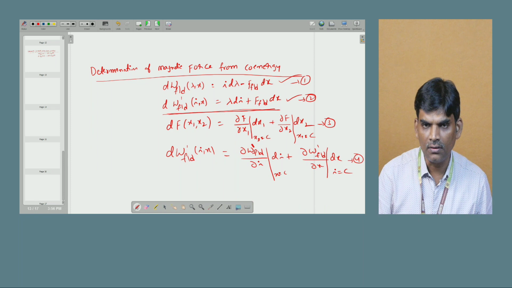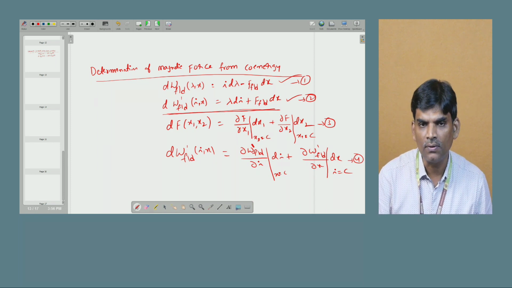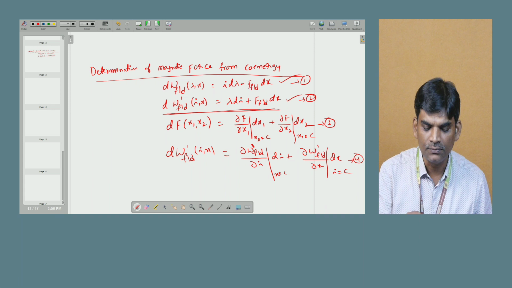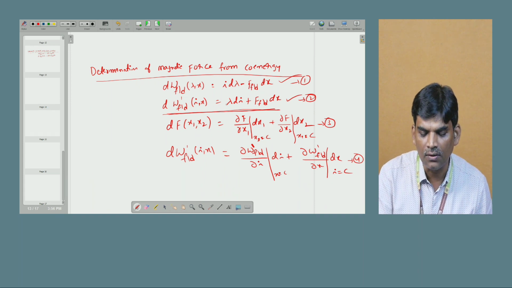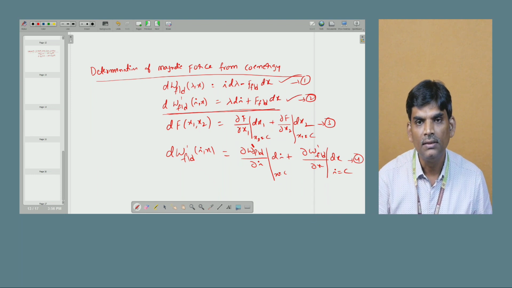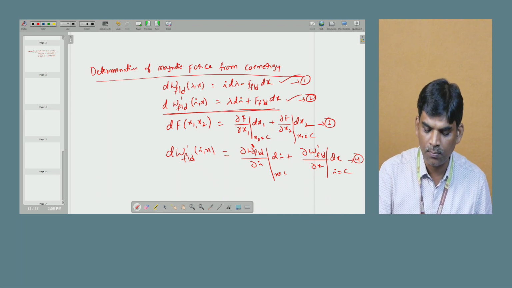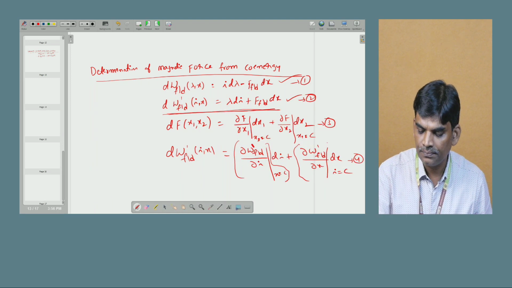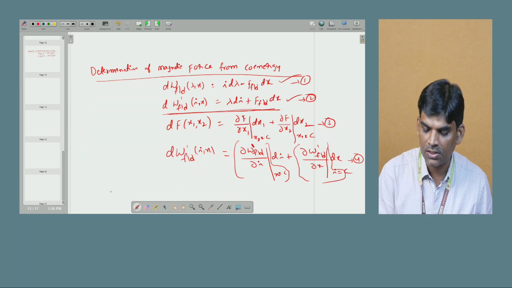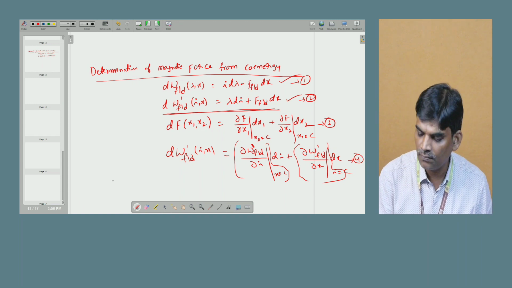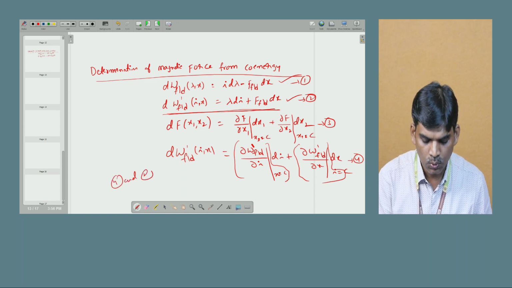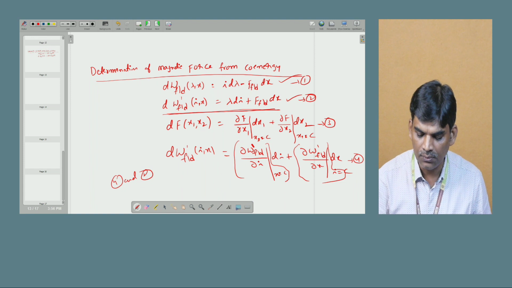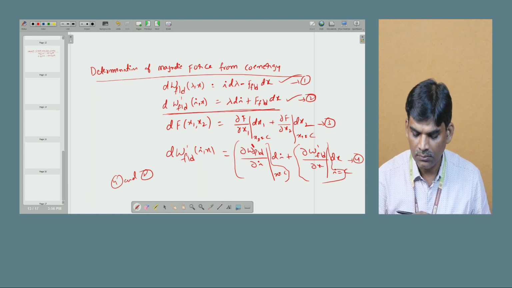Just observe equation 2 and equation 4. Similarly, here in the coenergy, some value into di plus some value into dx. Comparing equations 4 and 2, we observe what the lambda value is.